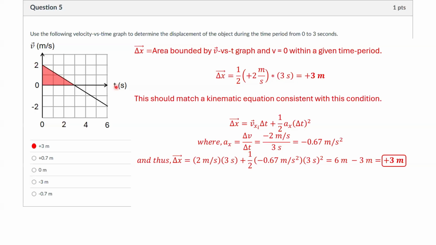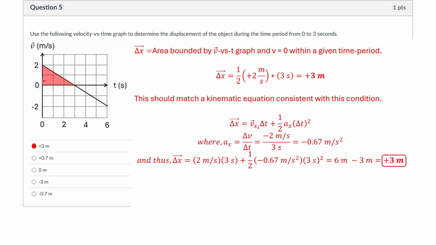The easy way is just to understand that when you look at a velocity versus time graph, you can graphically back out a displacement over a certain time period by calculating the area bounded between the graph and a velocity of 0 over the range of your time period.